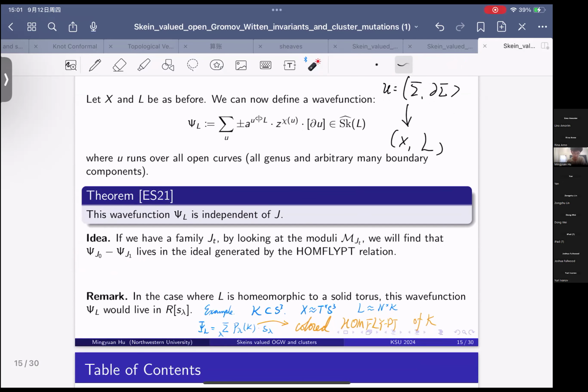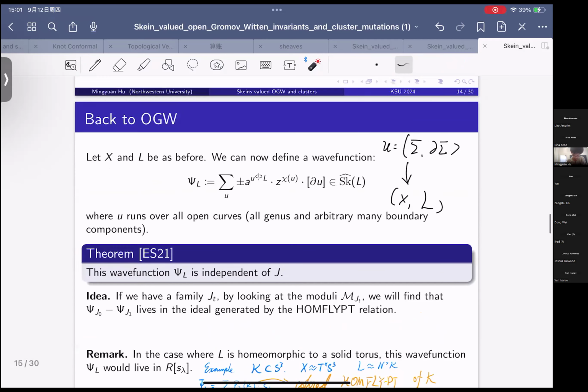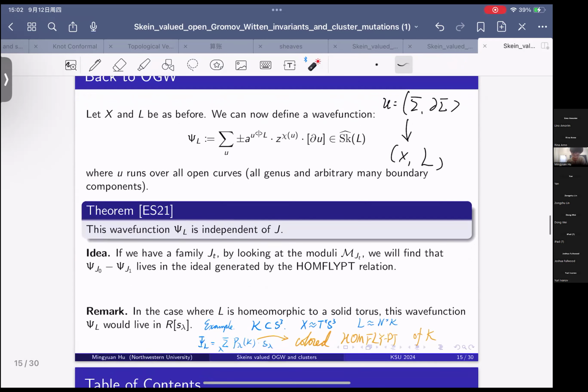Why do you call it a wave function? Well, I don't know. Actually, this is named by my advisor Eric Zaslow. I think he has some physical consideration, which I don't know. Normally, a wave function is killed by some differential operator, a q-difference operator probably.